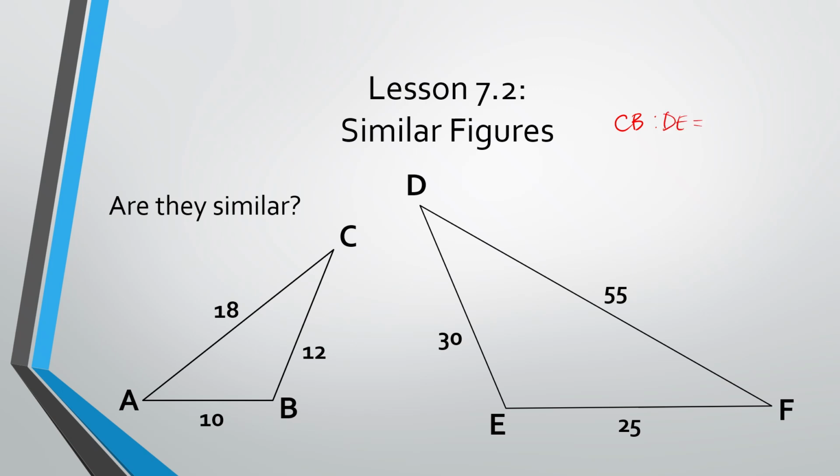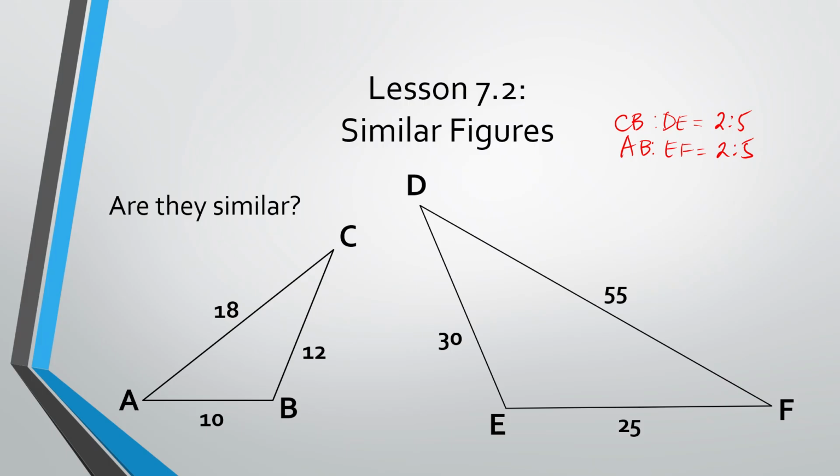And the ratio of this is 12 is to 30, or 6 is to 15, but this is 3. So 3, 6, 9, 12, 4 is to 10, or 2 is to 5. Okay? Now, let's have AB. The corresponding side of AB is EF. And the ratio of this one is 10 is to 25, or 2 is to 5.